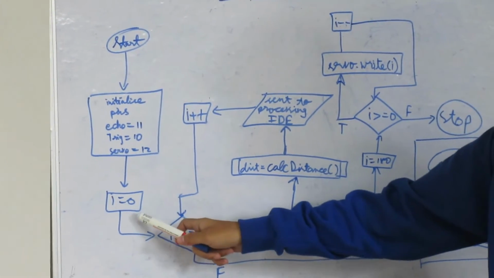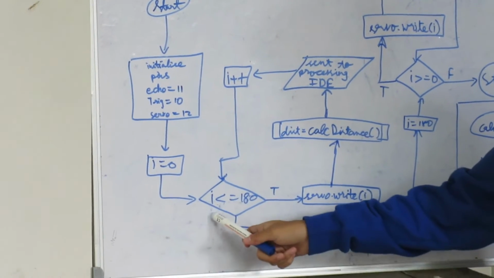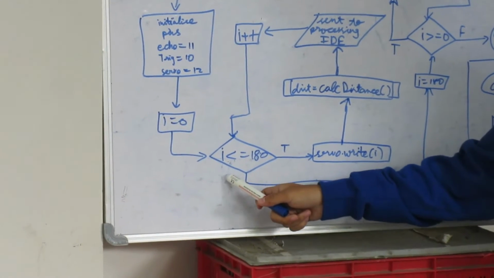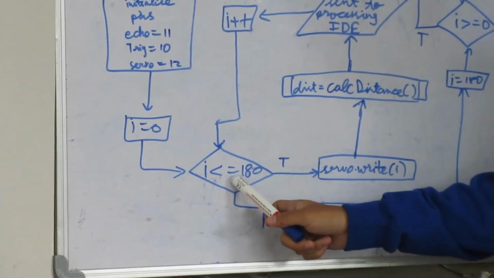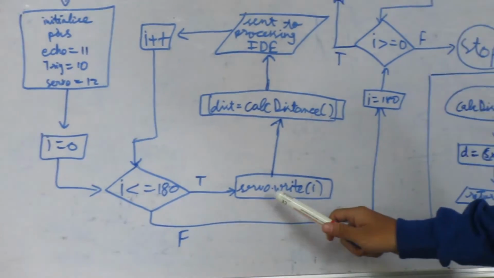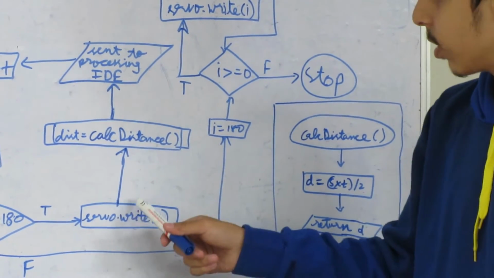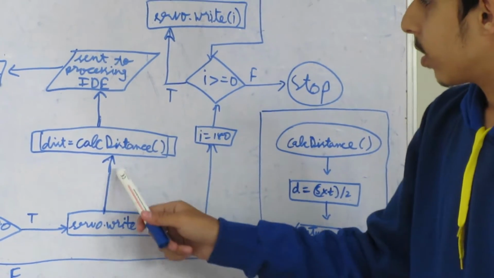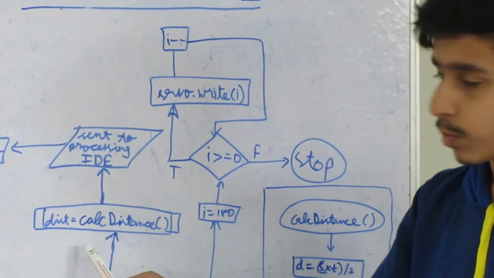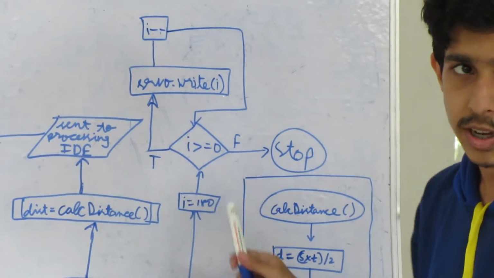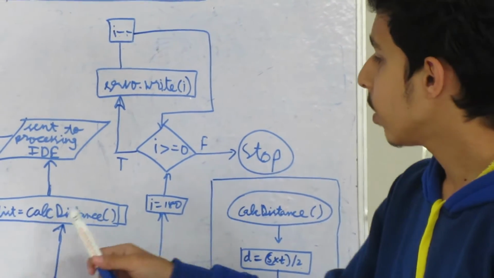So we initialize I equal to 0. Then we check for the condition if I is less than or equal to 180. If true, we write that angle to the servo motor, that is taking it to the angle I. Then we calculate distance from the calculate distance function. I will be explaining that at the end.